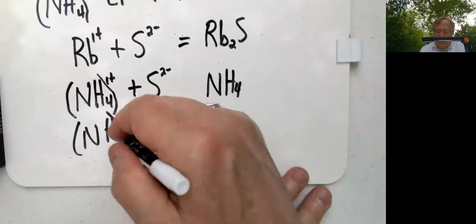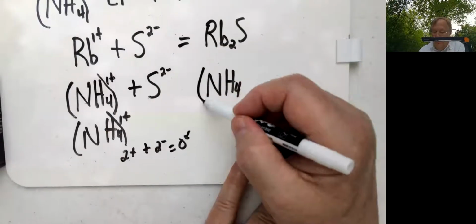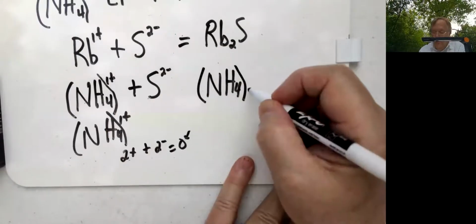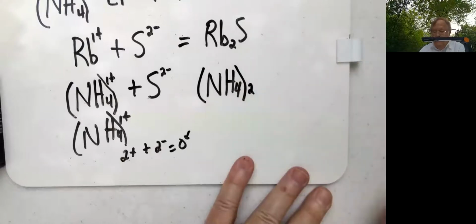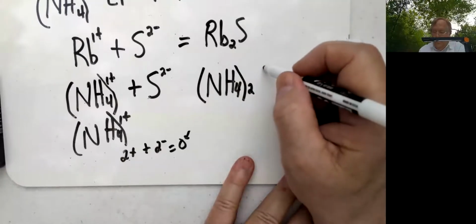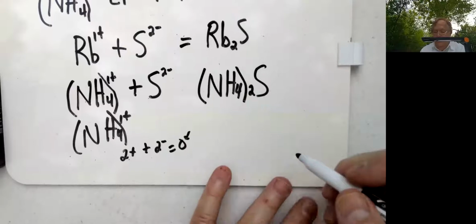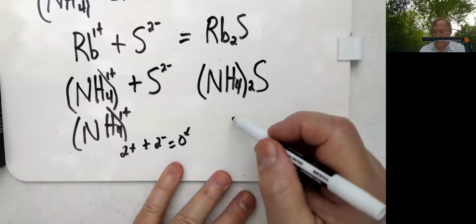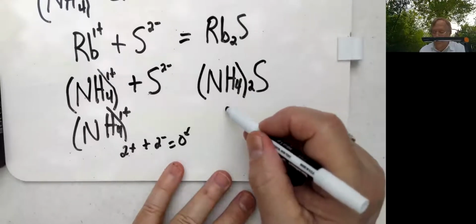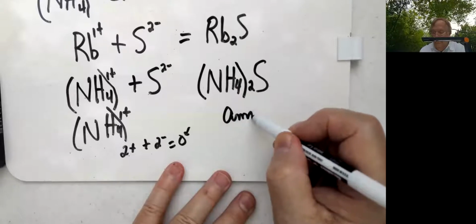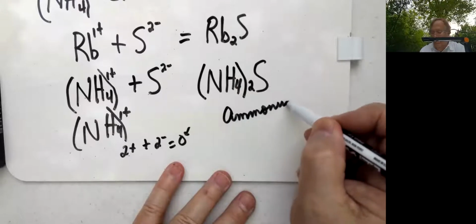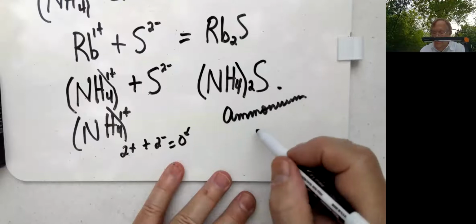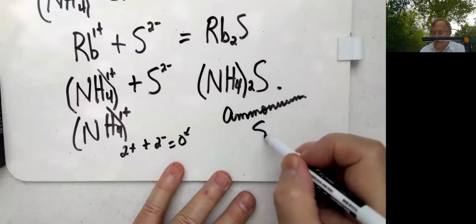Okay, so how do we write this? Well, we have to leave the parentheses because we have more than one of them. And then we write the sulfur right behind it. And this is ammonium sulfide.